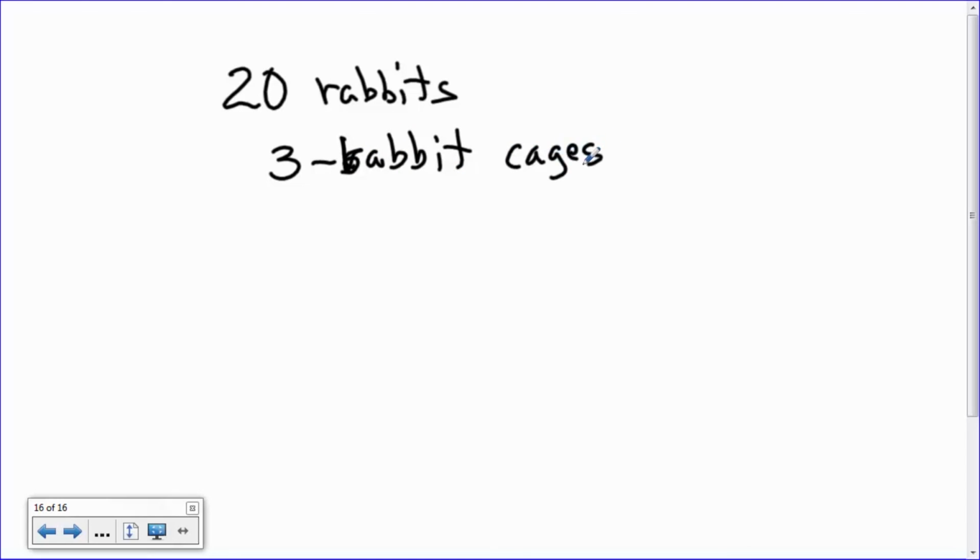That means each cage is designed to hold at most 3 rabbits. Then how many cages do you need?